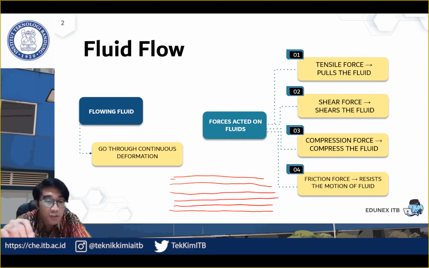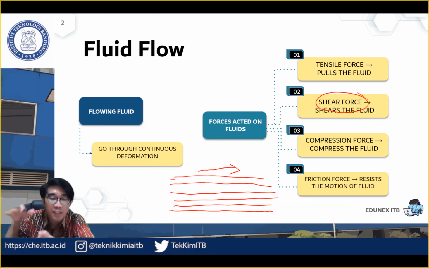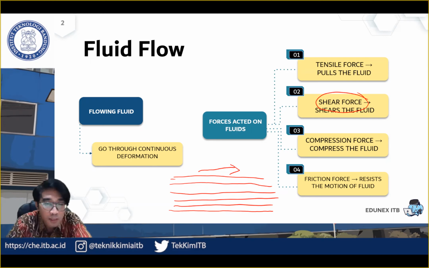So when you apply some force to the top layer, we call it shear force. The force applied tangential to the surface of the liquid, we call it shear force. Then the top layer will move according to the shear force direction, right? And then the top layer will give shear force to the second layer, and then the second to the third layer, and so on.